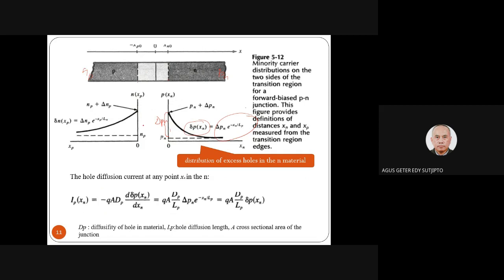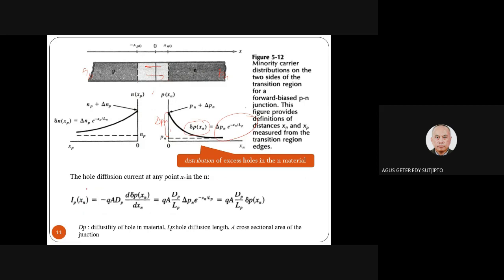Since there is diffusion of hole and electron, the electron goes to the left, and the hole to the right. So this is the total flow of the hole and the flow of electron.